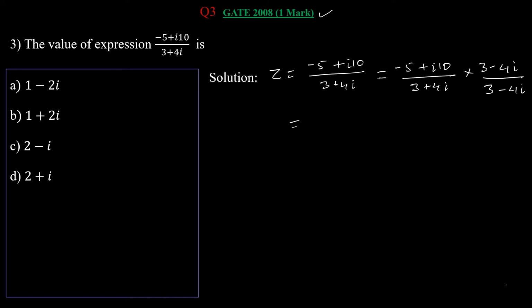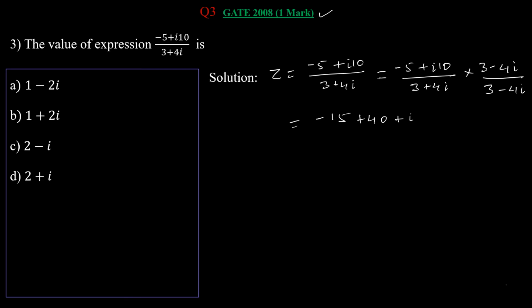Once we have to multiply the two complex numbers, it is very easy to write in such way. First multiply real and real: -5 into 3 is -15, and 10 into 4 is 40, and minus i square will be minus minus plus 1, so plus 40.